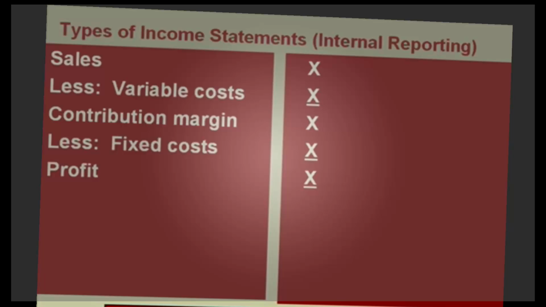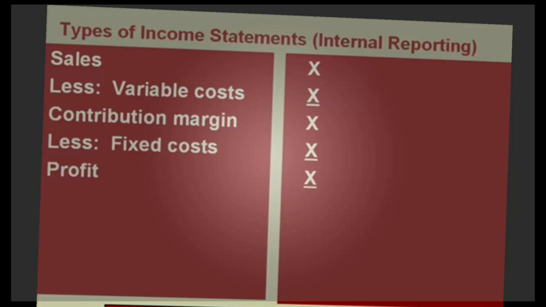The difference, sales less variable cost, is called contribution margin. So for future purposes, contribution margin is sales less your variable cost. Then you knock off your fixed cost and you arrive at net income or profit. So this is the type of report used for internal reporting.